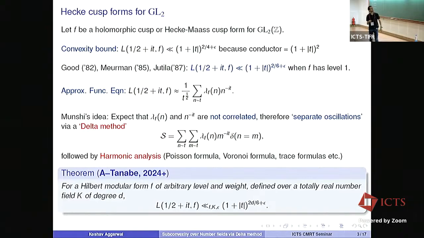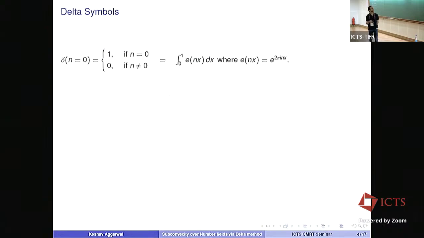So since I said one has to be careful about the delta method, and this is a delta method conference, let me also give a quick overview of the various delta symbols that are here. Okay, and maybe the soul of the delta symbol is an orthogonality relationship that detects whether something lying in a lattice is 0 or not.